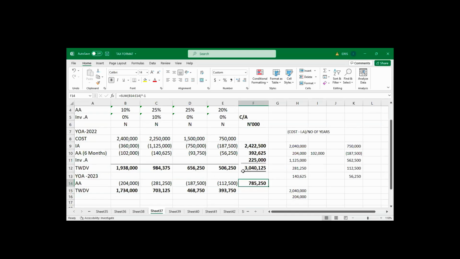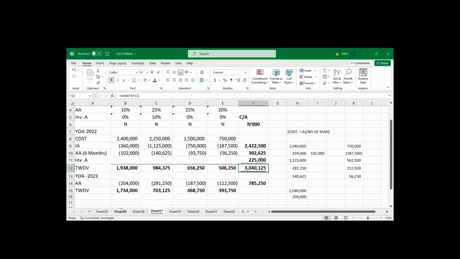We have known the capital allowance for 2022 year of assessment as 3,040,125, while for 2023 year of assessment, the capital allowance is 785,250.